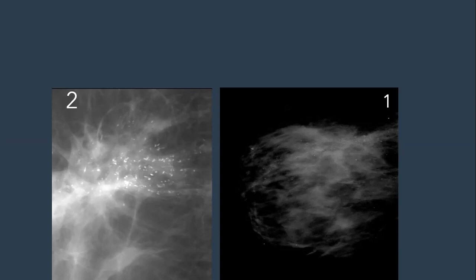Just the name: the distribution, the morphology is pleomorphic, in both case 1 and case 2.